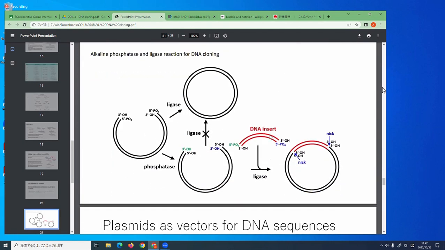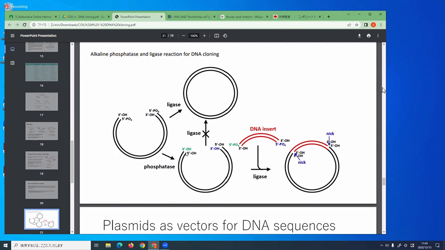So the example is over here, so that's convenient. Why do you remove phosphate groups? For example, we have a piece of DNA to which we want to add the insert, right? The insert, which is in red. But if we don't use the enzyme alkaline phosphatase, what will happen is that this piece of DNA, the plasmid, will join by itself because it's 5' here, 3' and 3', 5' over here.